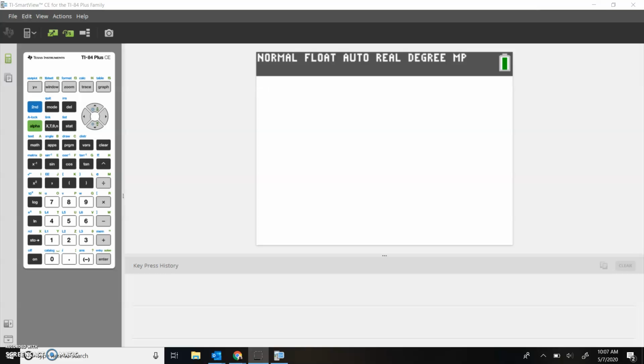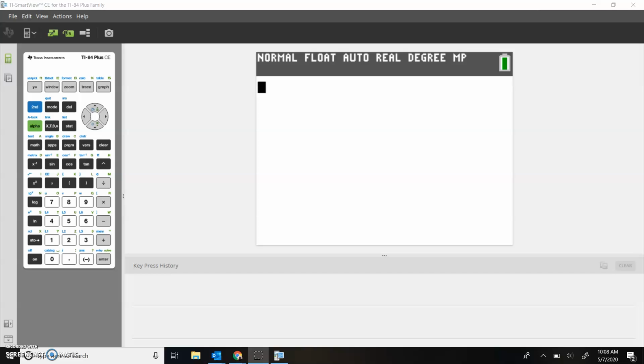If you'll notice here in the center of the calculator, you can see the sine, cosine, and tangent buttons on the screen. They are the second row of black keys above our numbers. And before we do anything with trig on the calculator, we have to make sure that our calculator is in the right mode.